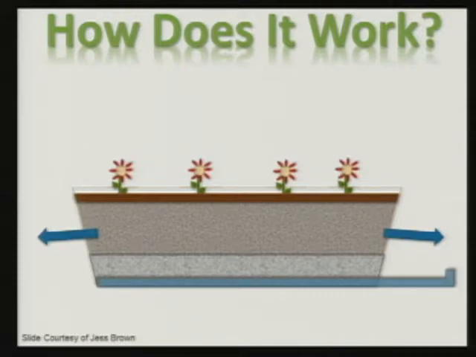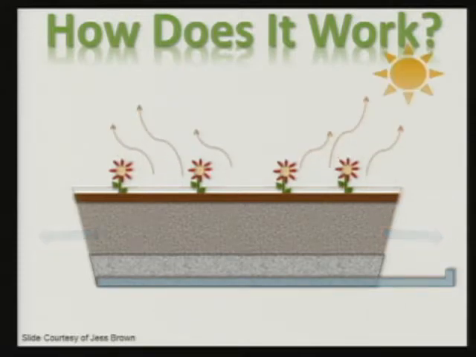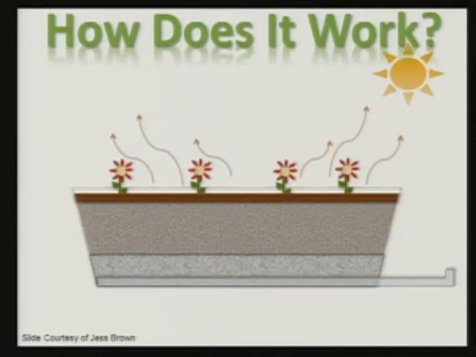And so the sun comes out, water evaporates from the surface of the bioretention area, and plants also transpire some of that water away. And so we can use these bioretention areas to reconnect the water cycle and to have water leaving the cell be much cleaner than what entered it.